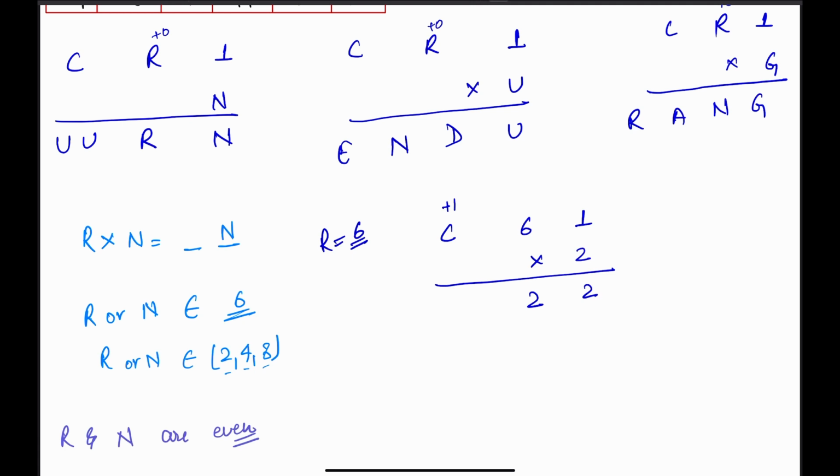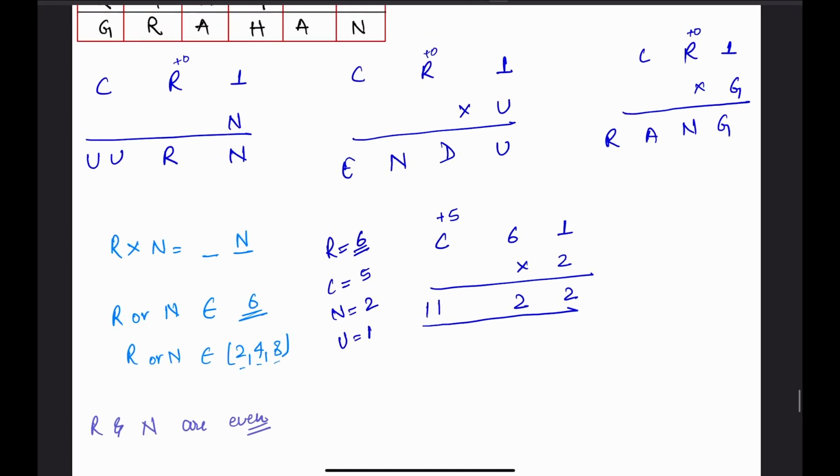So 2, 5, then only possible. So yes, it is coming. So my value of C should be, my C will be 5, my N will be 2, and my U will be 1. Okay, this is the possibility.